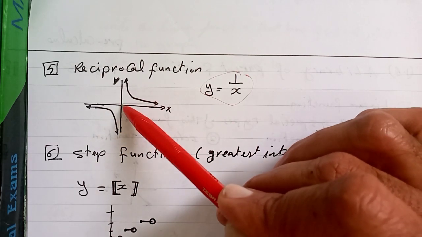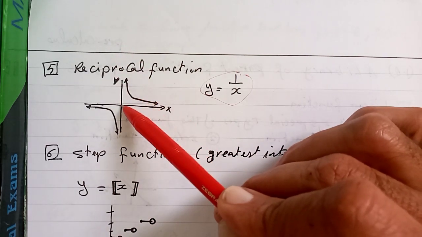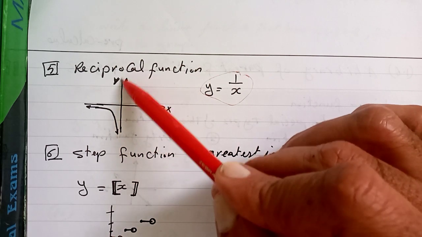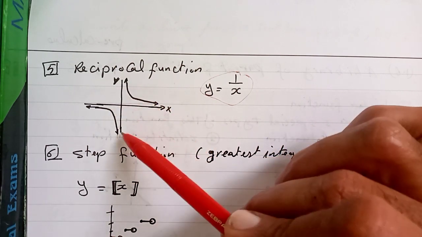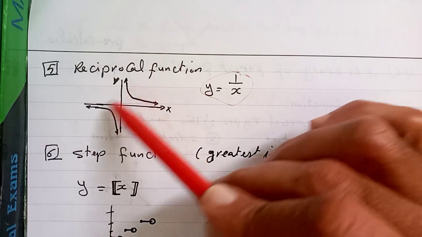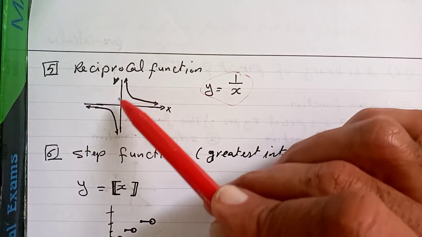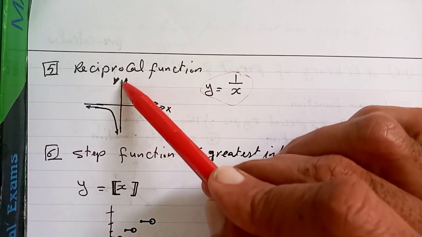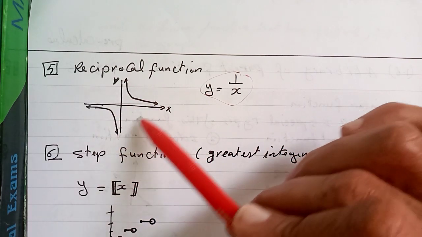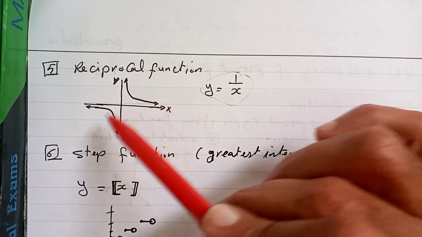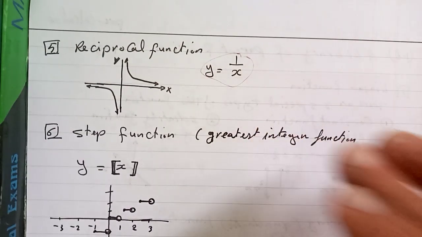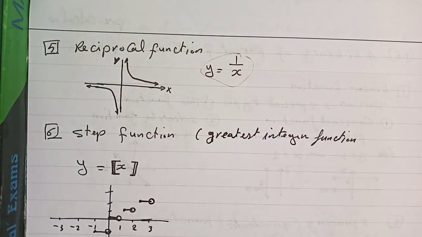At 0, the function doesn't have any value. When you put x equals 0, you don't have y. And the range also is all the y-axis except 0, meaning all real numbers except 0. There is no x-intercept or y-intercept because the graph does not intersect the x-axis or the y-axis.